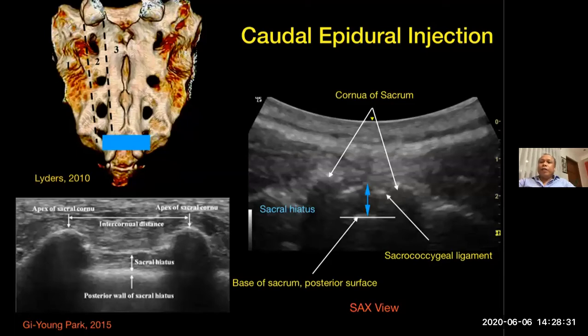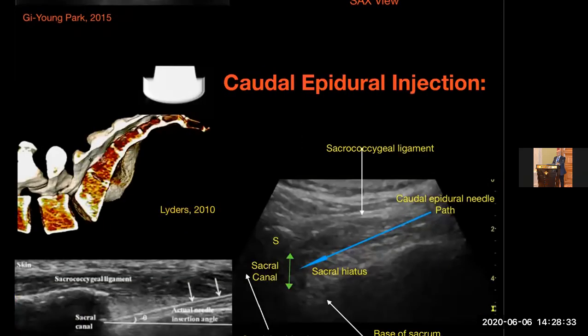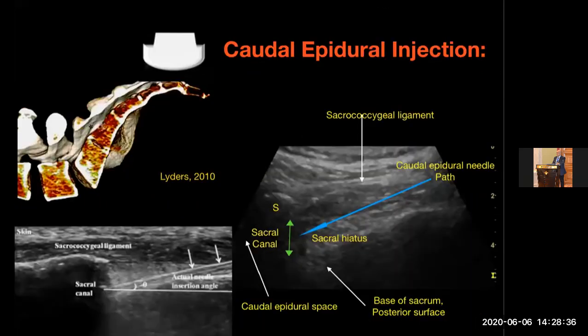But if you do it in plane, as shown here, you will be able to see other structures that will intervene between your sacrum and, of course, your sacral hiatus here. So the needle path should be angled sufficiently.